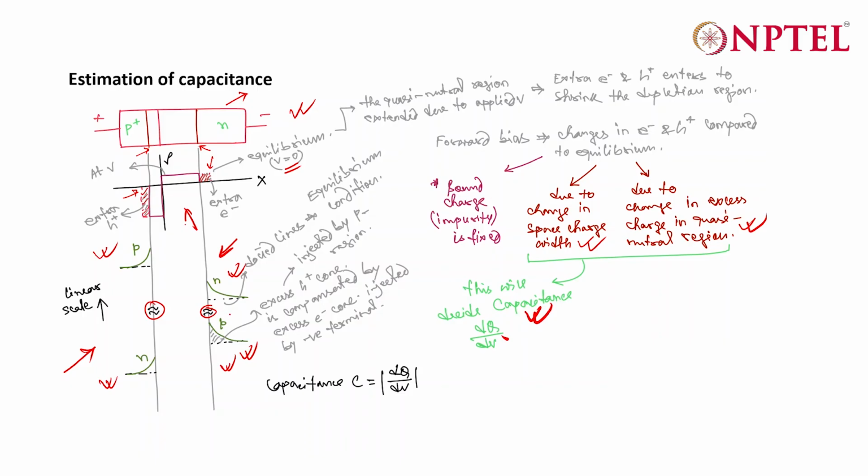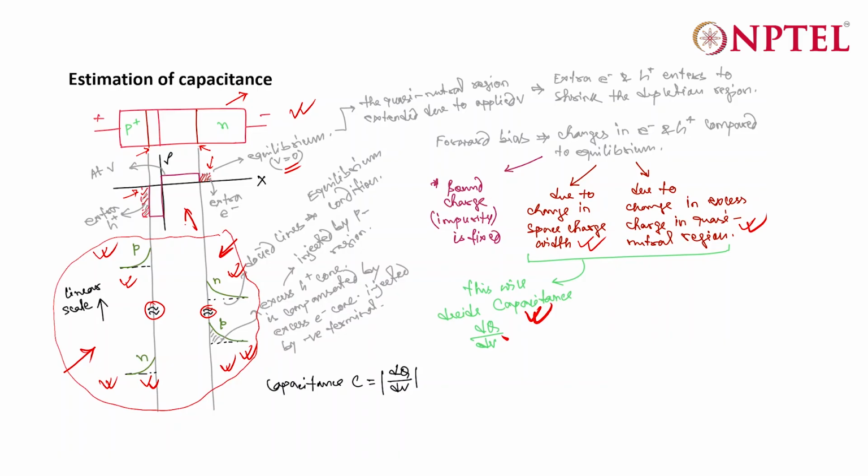Now this extra hole concentration is due to the injected holes in the p side, and these will be compensated by the electrons on that particular side. So if you look at the entire picture, that is majority and minority excess carrier concentrations, you'll find the entire system is charge neutral.